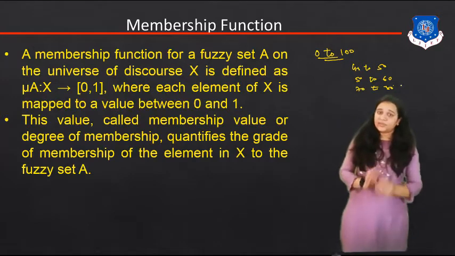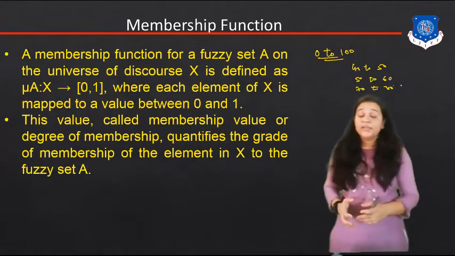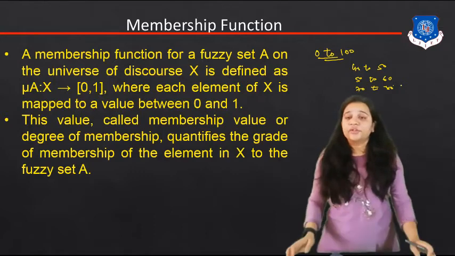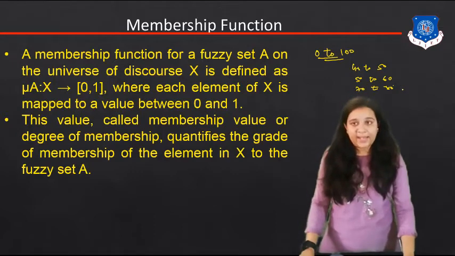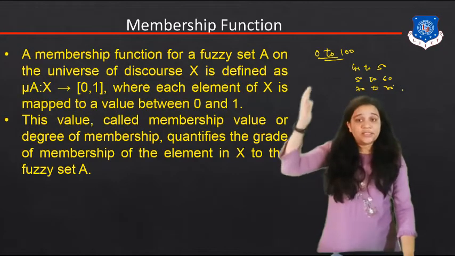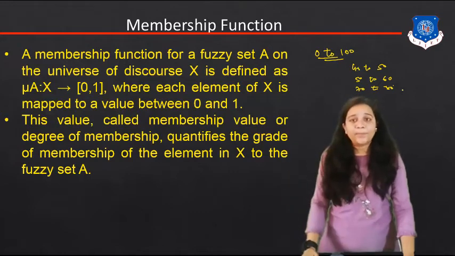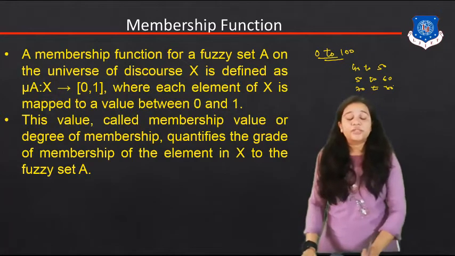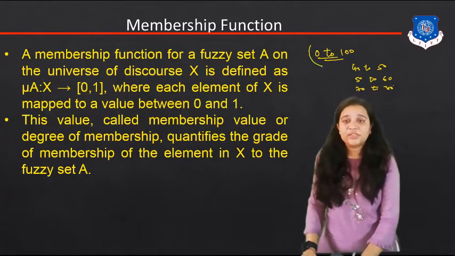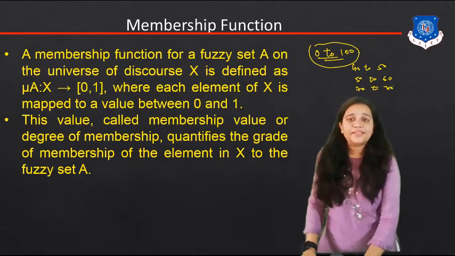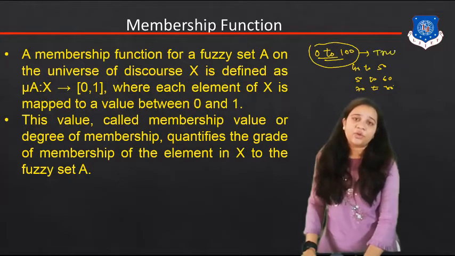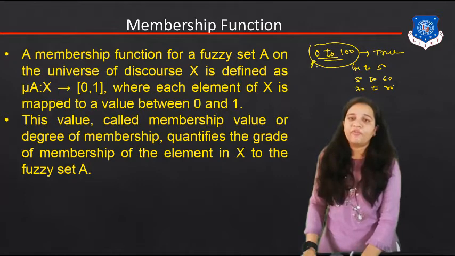So in the same system or the same plant, they will give different fuzzy sets. For that we can use a membership function. Because if we have to find the value between 0 to 1, we have to decide that 100 is my true value and 0 is my false value.